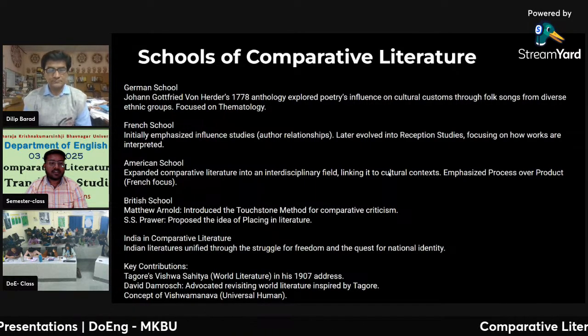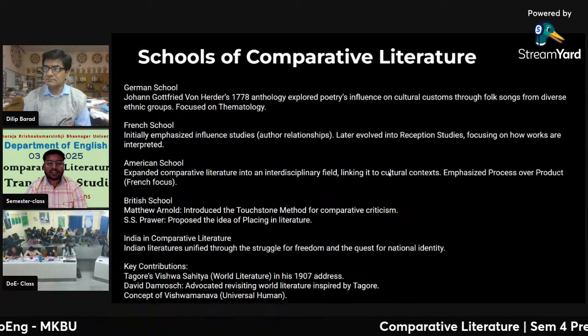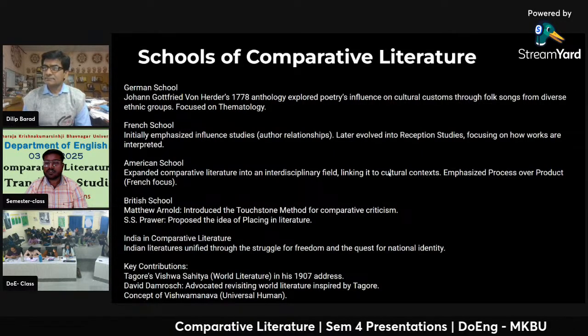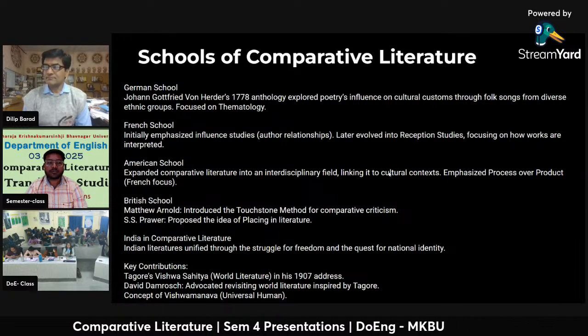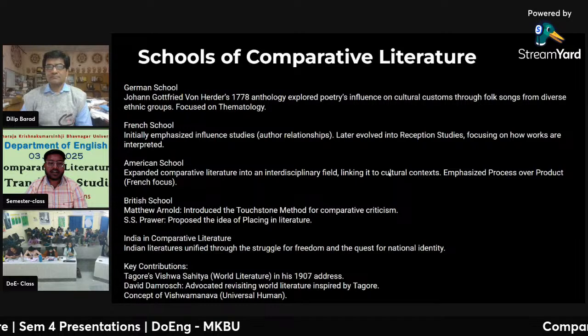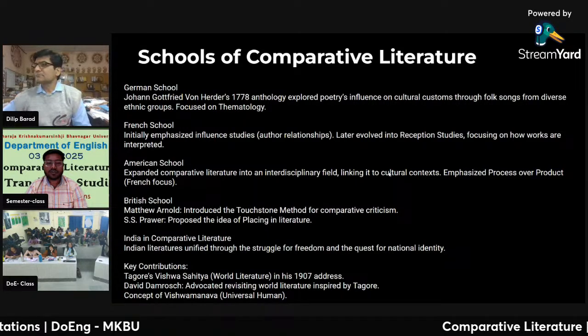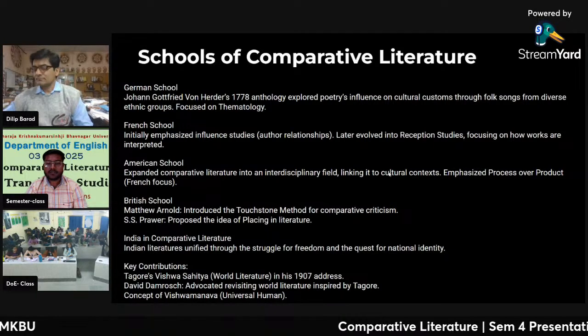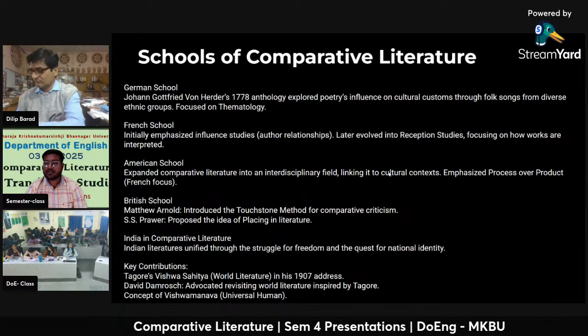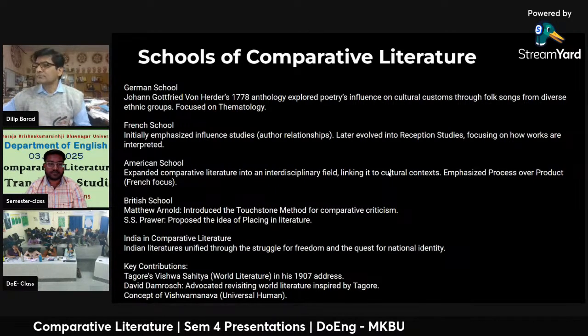It initially emphasized influence studies, later evolving into reception studies, focusing on how works are interpreted. The third one is the American school. It expanded comparative literature into an interdisciplinary field, linking it to cultural context, and it emphasized process over product.